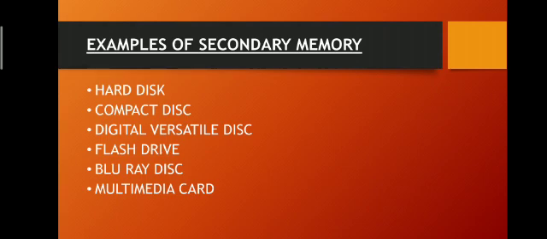Okay, now next is flash drive. Flash drive is popularly known as, children, pen drive. Okay, you all are aware of pen drive. And the advantage of using this flash drive is that it is a plug and play device which is used for copying data from one computer to another computer.